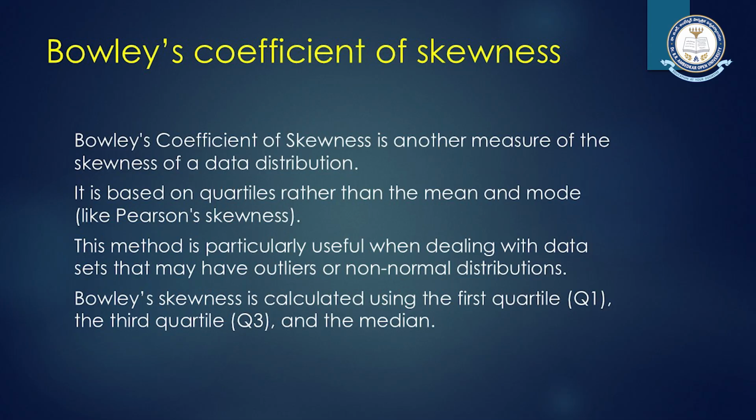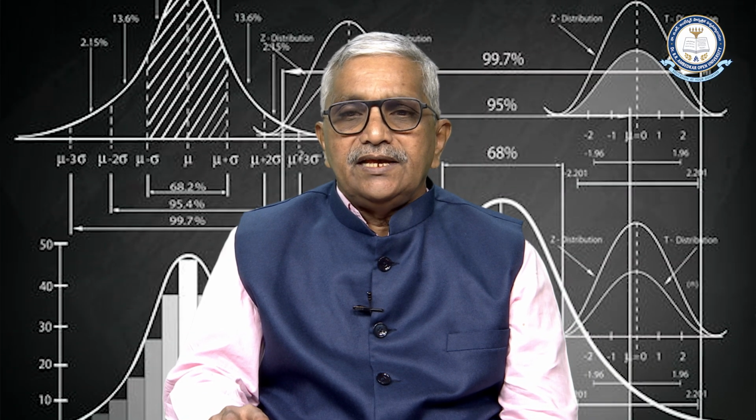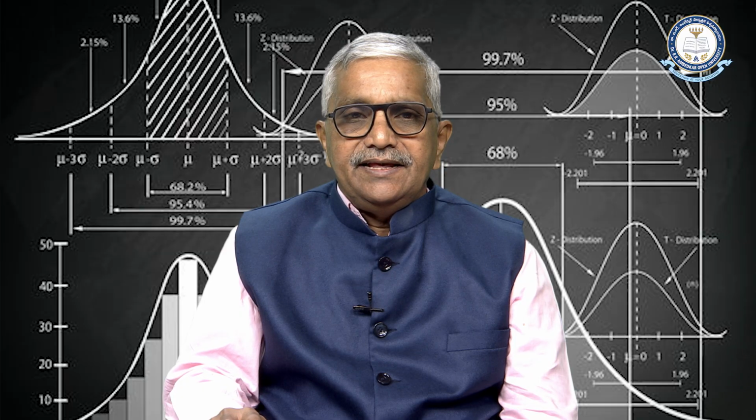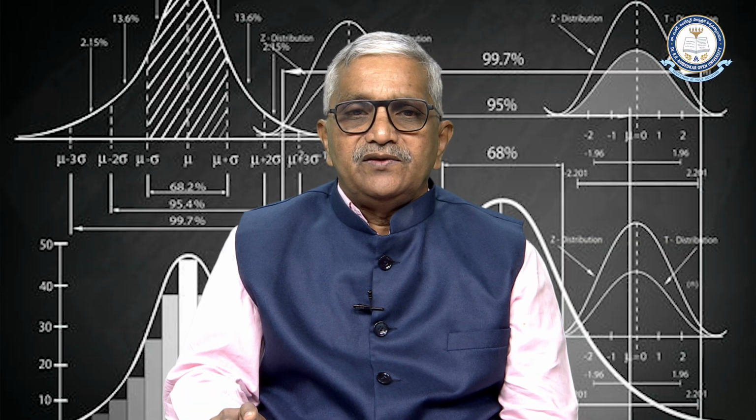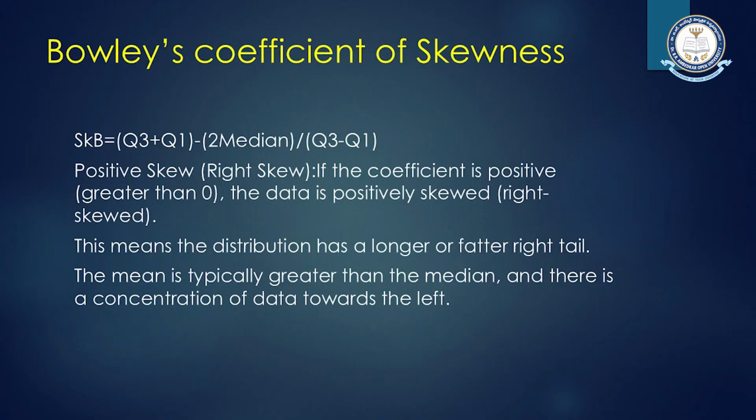Bowley's skewness is calculated using the first quartile, the third quartile and the median. Bowley's coefficient of skewness, the short form of which is SKB, is equal to Q3 plus Q1 minus 2 median divided by Q3 minus Q1. If the value is positive, it is positive skewness or right skewness, and it is greater than 0.